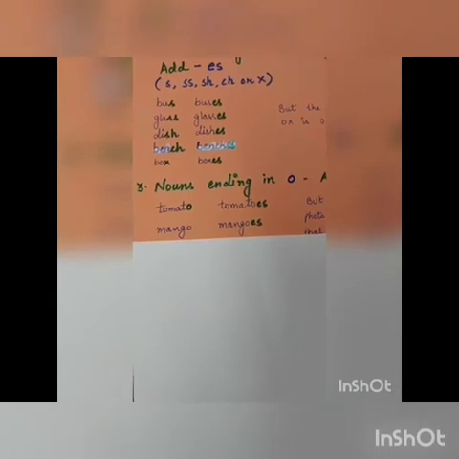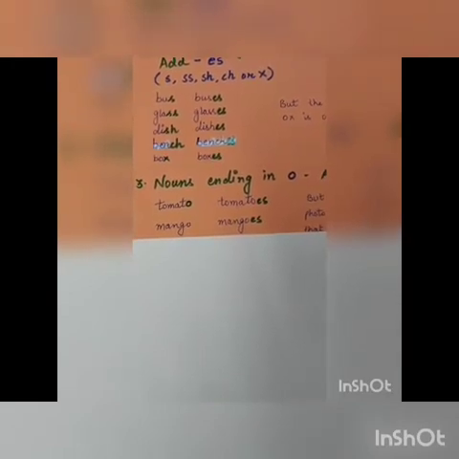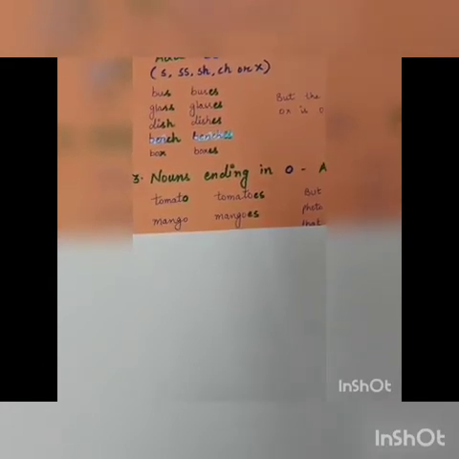The noun tomato ends in O. So, what do we add to make it into plural? We add es. So the plural of tomato is tomatoes. Then in the same way, mango also ends in O. So again we have added es to mango to make it plural. So the plural of mango is mangoes.